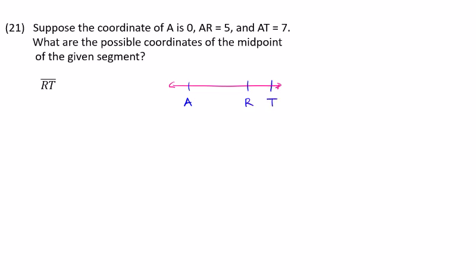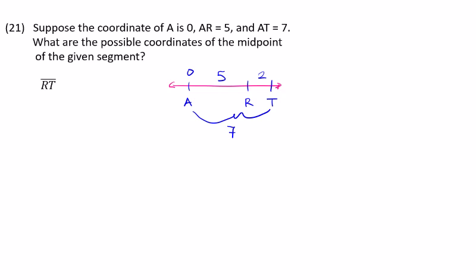So people are like, oh, this is 5, and this whole thing here is 7, right? So this is 5, the whole thing's 7. So RT must be 2, right? And the coordinate of A is 0, right? So this coordinate is 0.